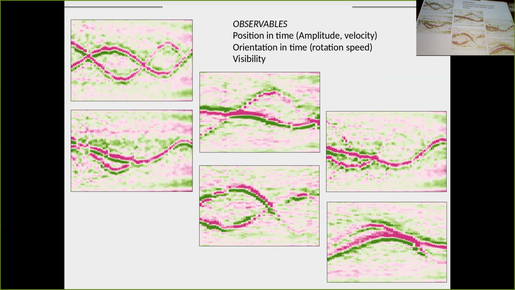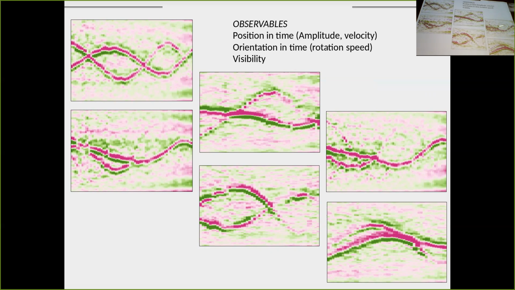Another observable which we have available is the visibility. So for instance, in this situation here, we see that the visibility of the vortex does not change after the interaction. So let's say that the vortices interact when they come close to one another. In this case, the visibility does not change.